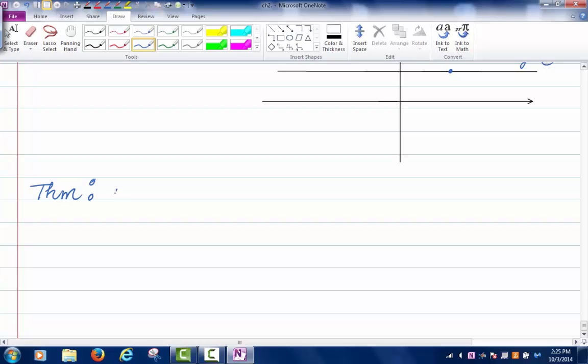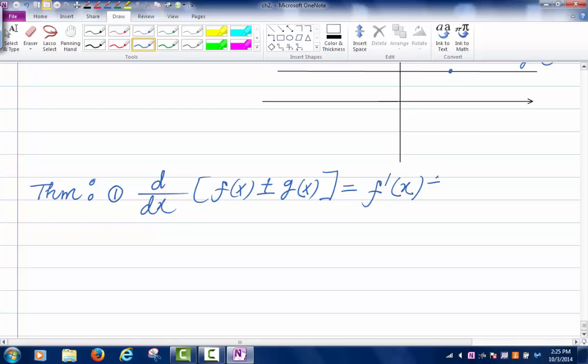Number one, the derivative of the sum of two functions, f of x plus or minus g of x, is the same as the derivative of the first summand plus or minus the derivative of the second summand. So what this is saying is that if I have a sum of functions, then I can take the derivative term by term.